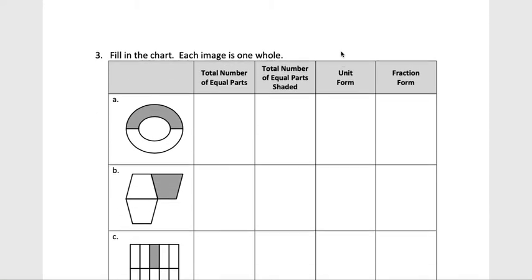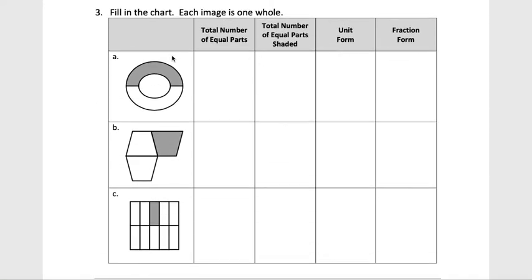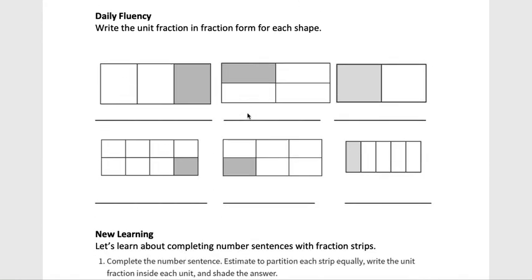And then once again, you're going to fill in this chart just like you did in the problems above. Remember, you're going to think about what are your total equal parts, what is the part that is shaded, what is the unit form, which is putting it into a word. This would be 1/2. And what is our fraction form, which would be 1/2.